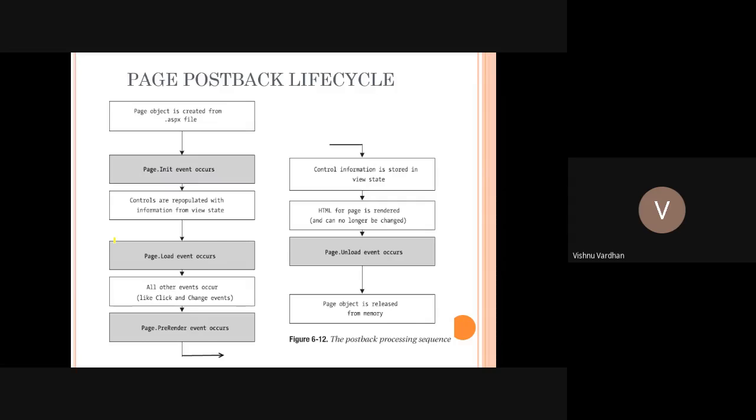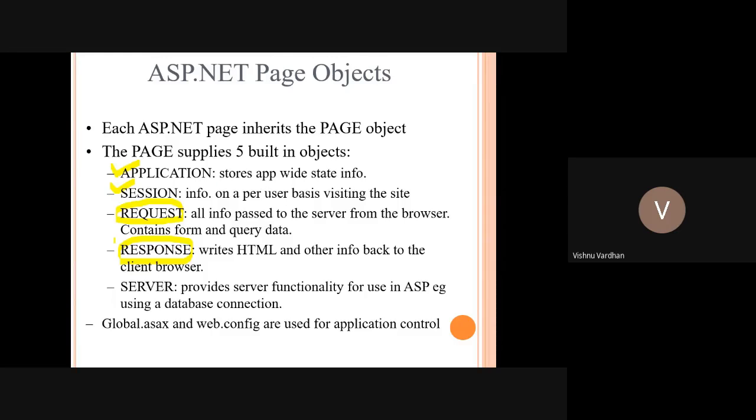Then we have seen some default page objects. 5 default objects are supplied by the page, so these are available in the page object.